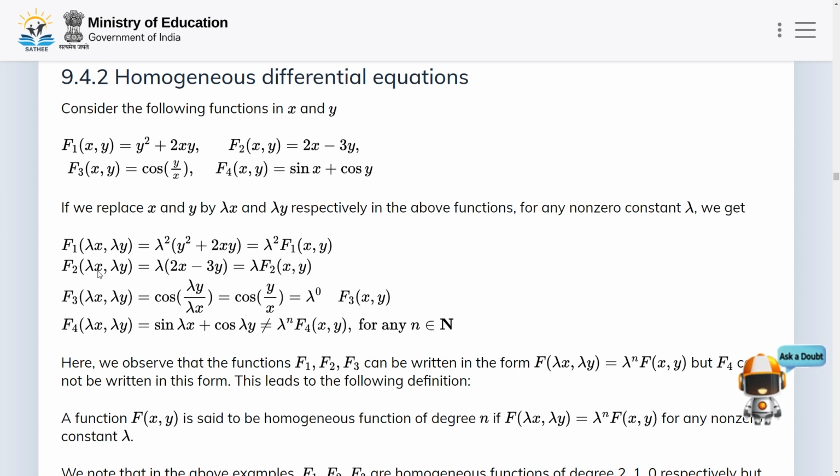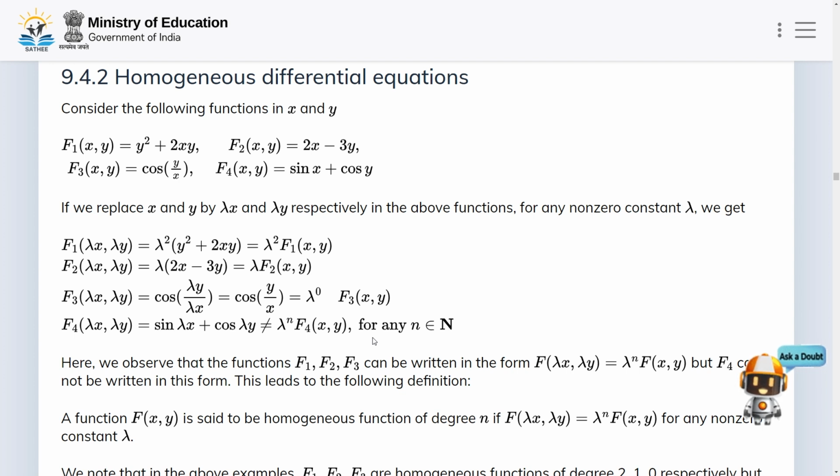In f2, f2(lambda x, lambda y) can be rewritten as lambda times f2(x, y). f3(lambda x, lambda y) is equal to lambda power 0 times f3(x, y). f4(lambda x, lambda y) can be rewritten as sin lambda x plus cos lambda y, and you cannot write it as some power of lambda times f4(x, y).